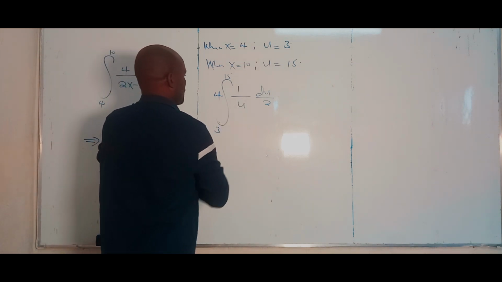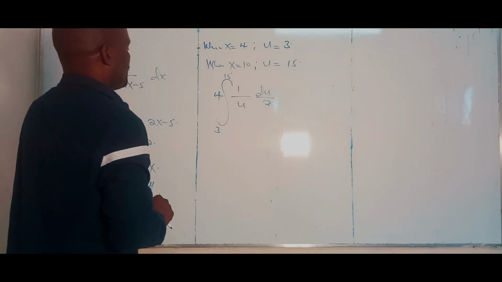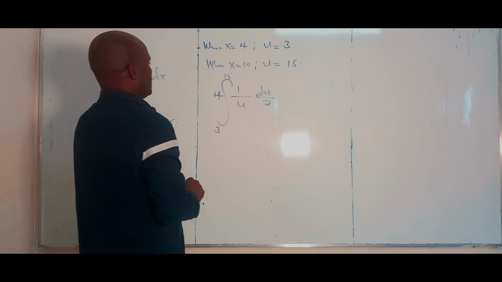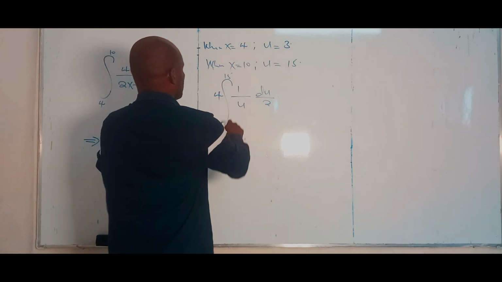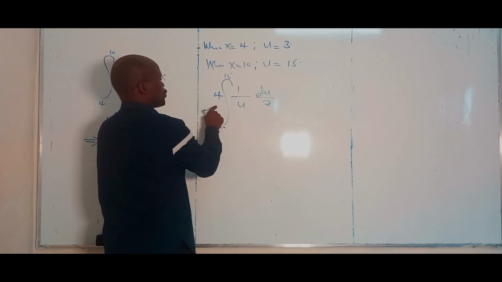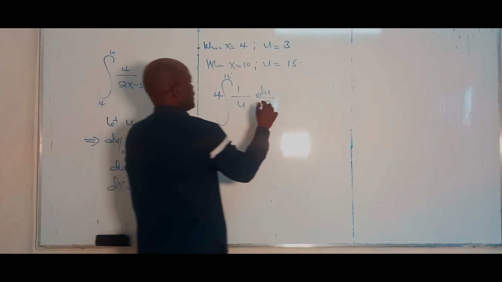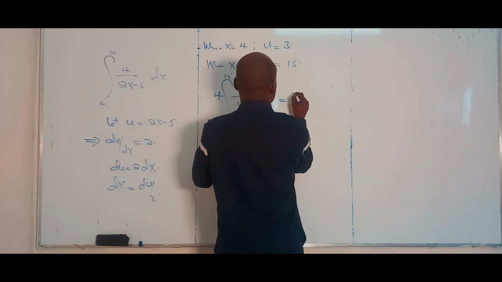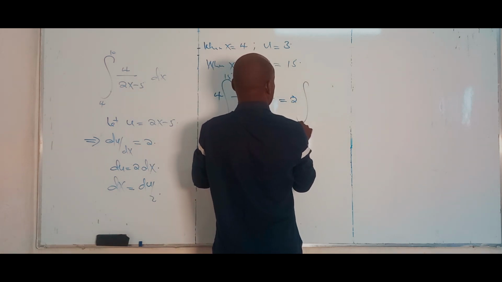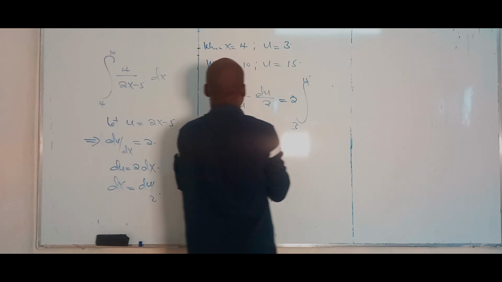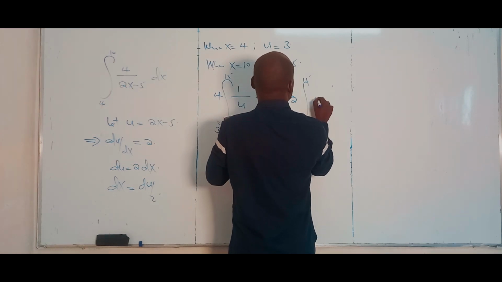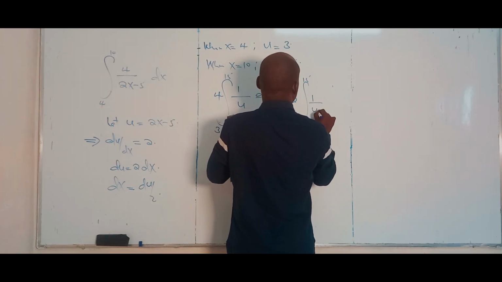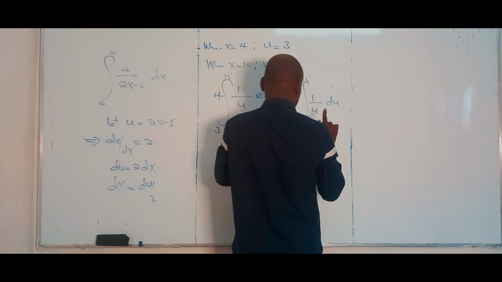So I solve this. But then I need to remember the integral here, so let me bring this 2 already here. Now I have 2, integral from 3 to 15 of 1 over u du.